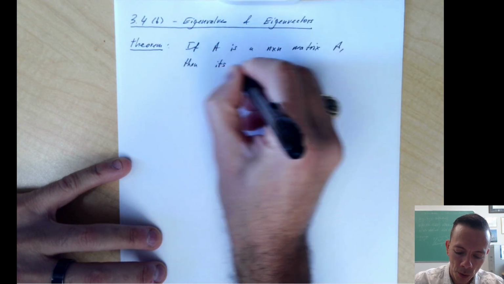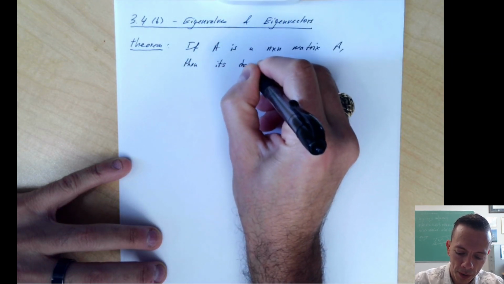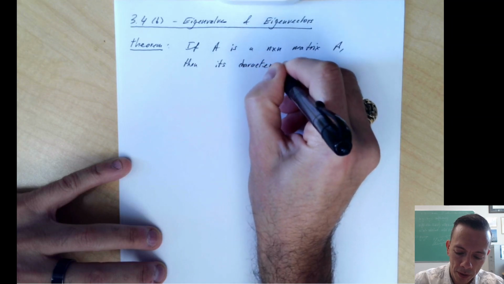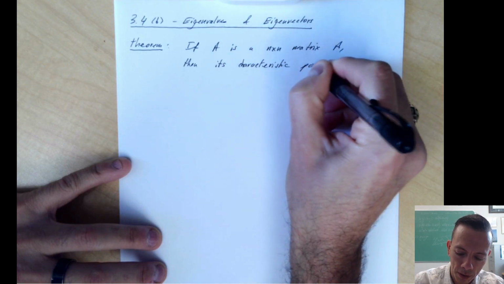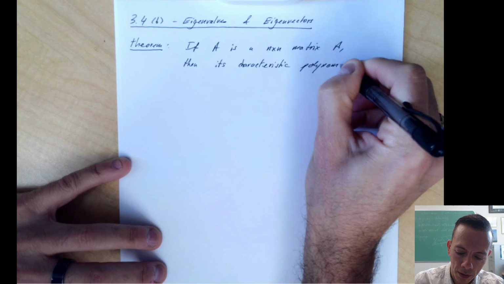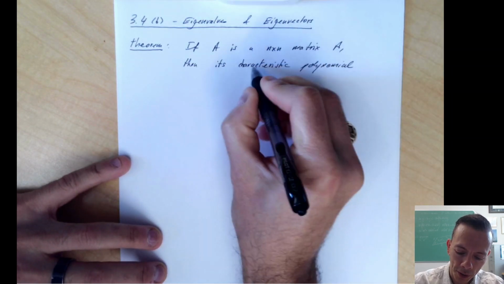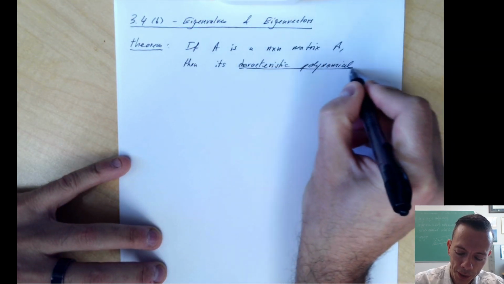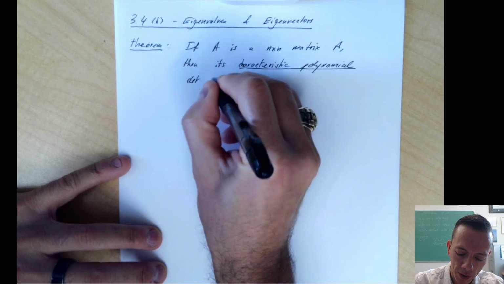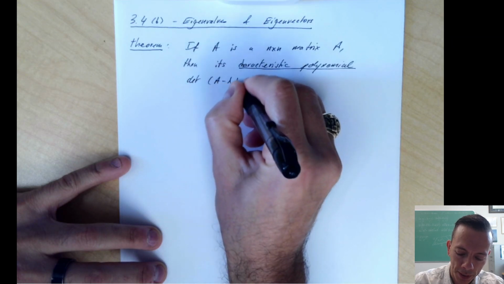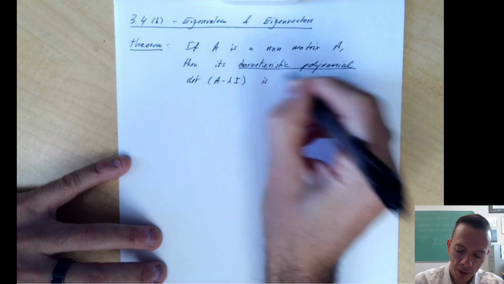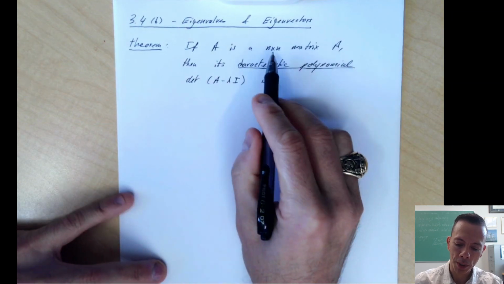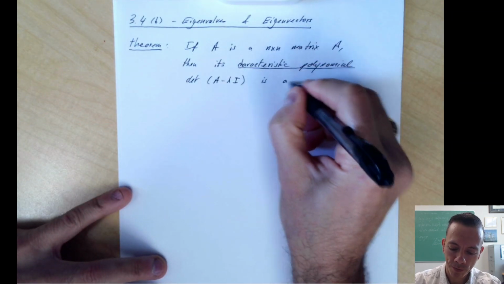then its characteristic polynomial, and again, characteristic polynomial is the determinant of A minus lambda I, is a polynomial of degree n in lambda.